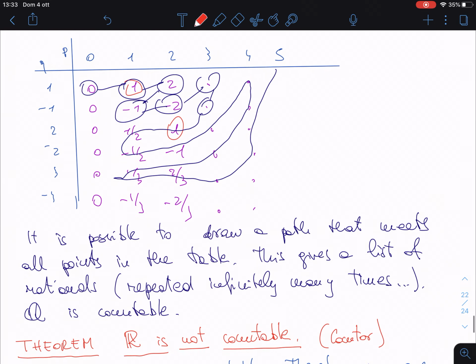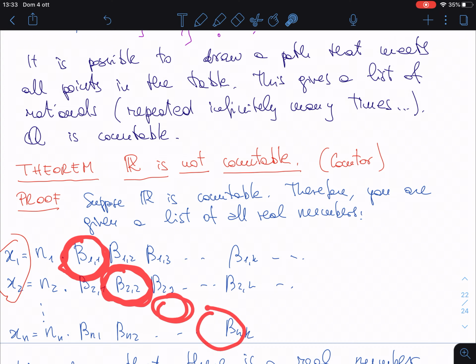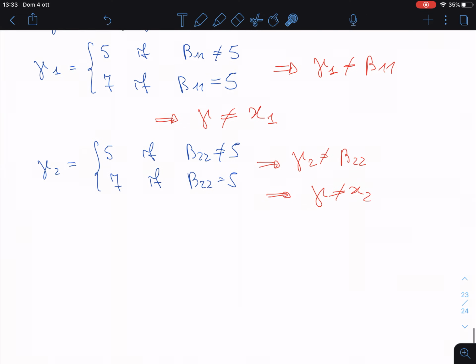We already constructed a gamma which is different from the first two numbers of the list, and notice that it is different from the first number only because its first digit is different, from the second number only because the second digit is different, and so on and so on. We follow the list along the diagonal and we construct a number which differs from every number, possibly only at the element on the diagonal.